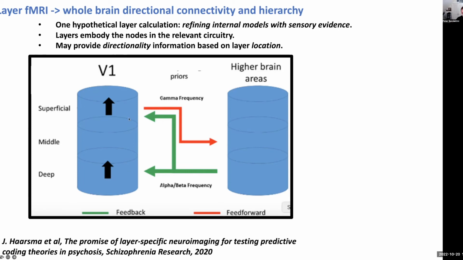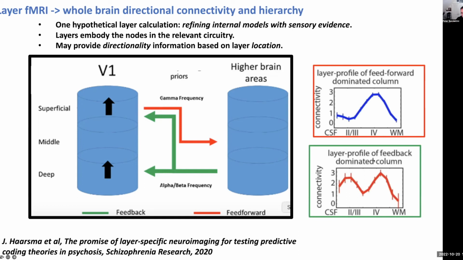So if you see activation or connectivity or correlations in these upper and lower layers, you can imagine that it's an activation that is dominated by feedback. If you see activation across layers, from the CSF down to white matter, you can imagine it's receiving feedforward input from a lower area.